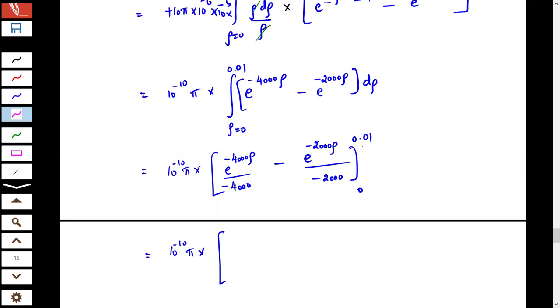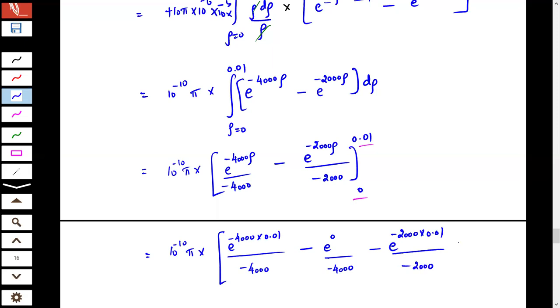Next, we can continue this, which is 10 power minus 10 pi into applying the upper limit and lower limit. These two should be applied to give four terms: e power minus 4000 into 0.01 divided by minus 4000 minus exponential to the power of 0, e power 0 divided by minus 4000, then second term minus e power minus 2000 into 0.01 divided by minus 2000, then minus of minus plus e power 0 divided by minus 2000.